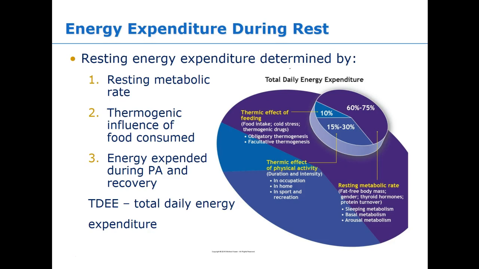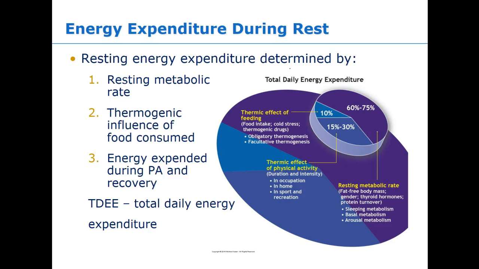So if you've ever been curious as to how many calories your body utilizes in one day, that's what this particular slide is addressing. This is our energy expenditure during rest. It's actually made up of a couple different components: our resting metabolic rate, the thermogenic effect of food, and the thermogenic effect of physical activity, or number 3, our energy expended during physical activity and recovery.